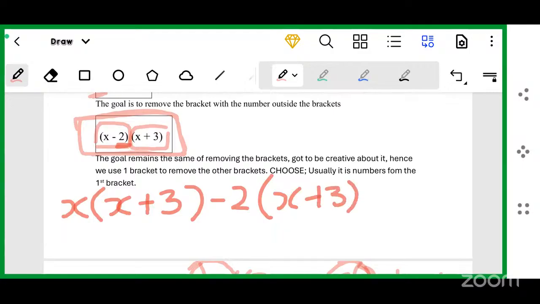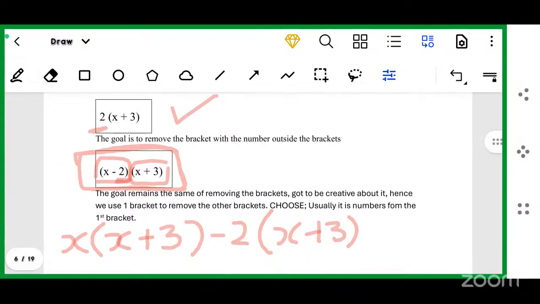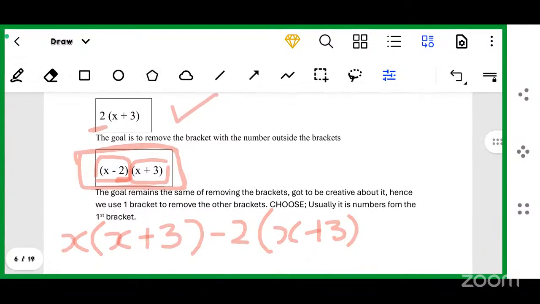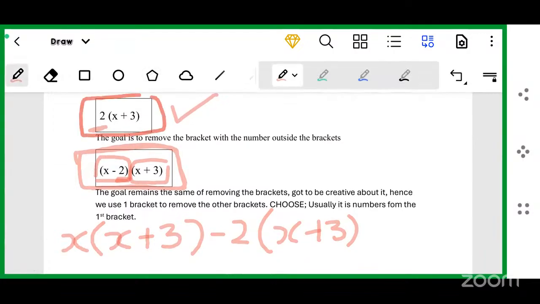And then now, can you see that we are back to this one? Can you see? Yes. So now what you're gonna do, you remove the bracket by just multiplying each and every one that is inside the bracket by the outside one.